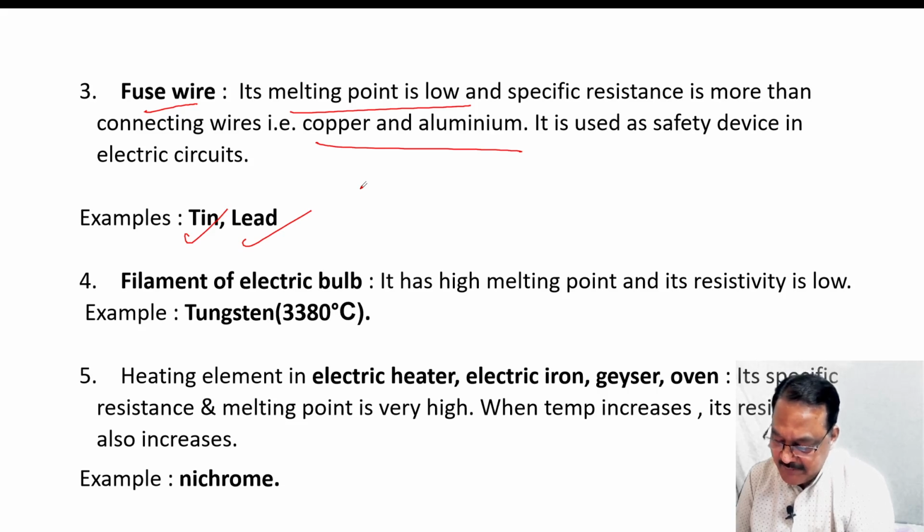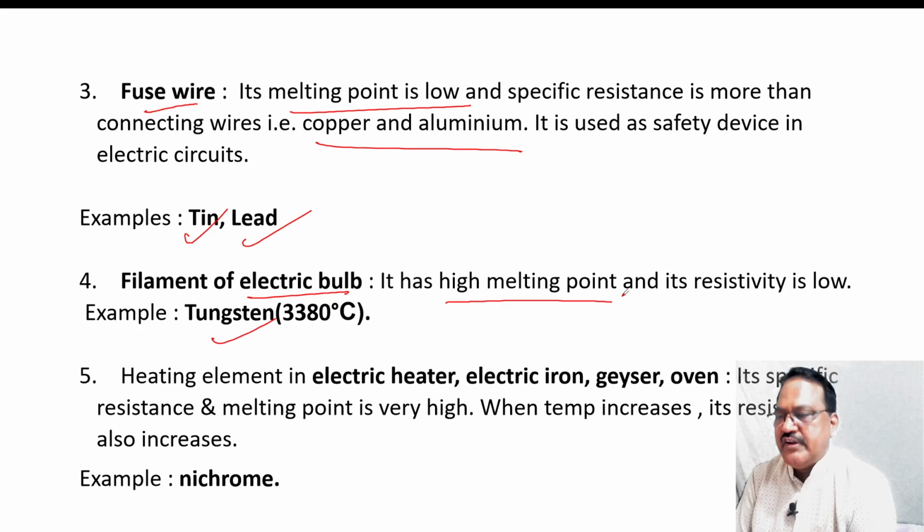Next comes the filament of an electric bulb. We know the filament of the bulb is made of tungsten. So what is the property of tungsten? Its melting point is very high. It doesn't melt at low temperature. Its melting point is 3380 degrees Celsius.